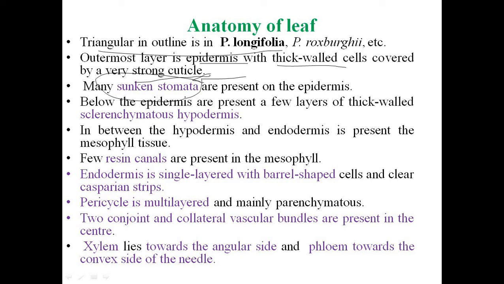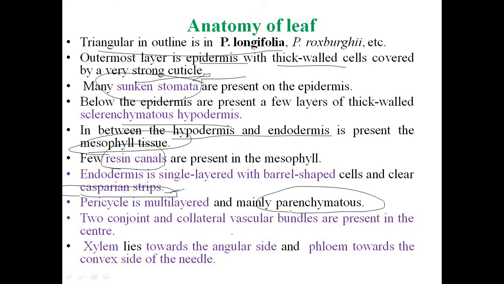Below the epidermis, sclerenchymatous hypodermis is there, and between the hypodermis and endodermis there is mesophyll tissue. A resin canal is also present like in the root and the stem, and endodermis is single-layered with barrel-shaped Casparian strips. This is also an adaptation. The pericycle is multi-layered, mainly parenchymatous in nature.